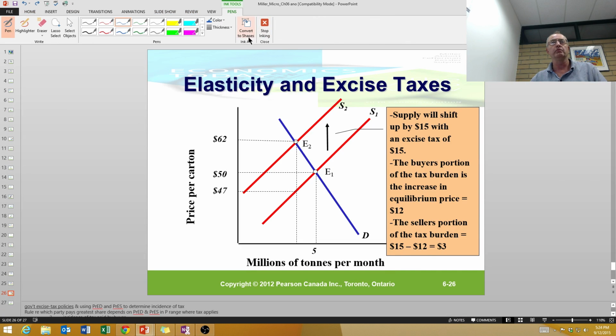So what's the rule? Here's our question: which party bears the incidence of the tax? That is, which party bears the allocation of the tax?